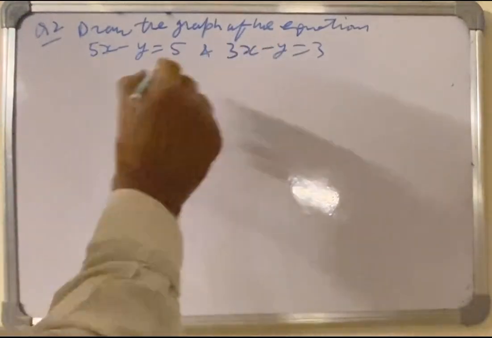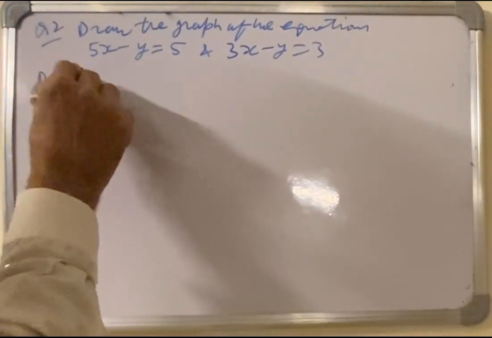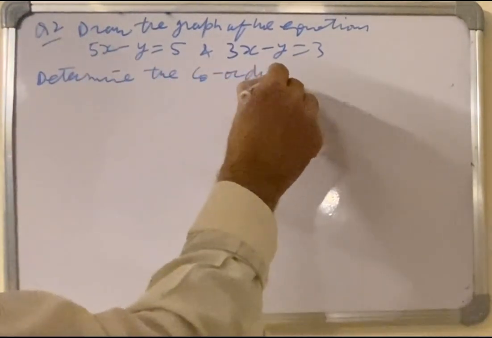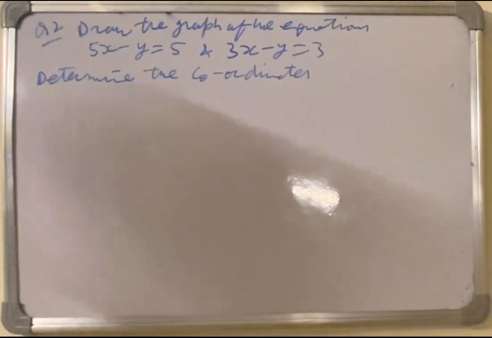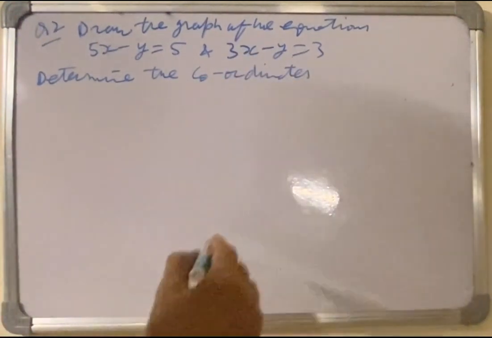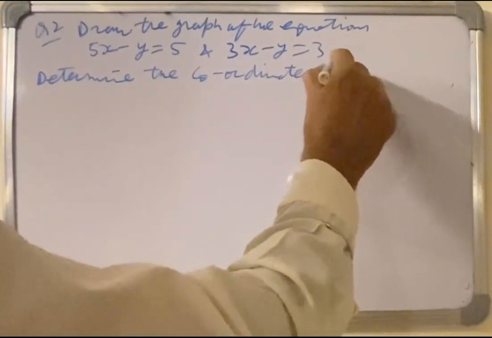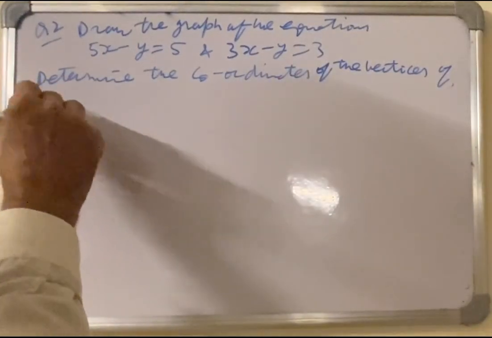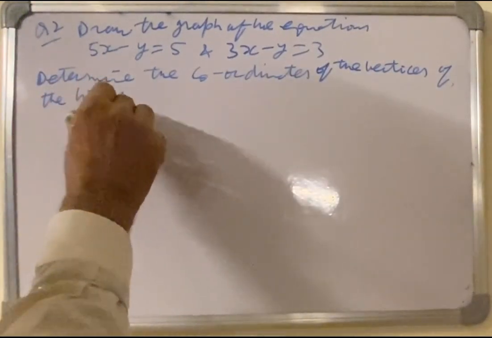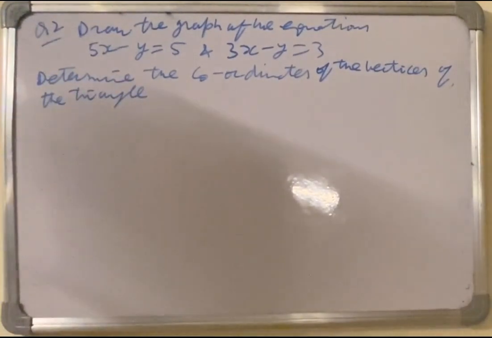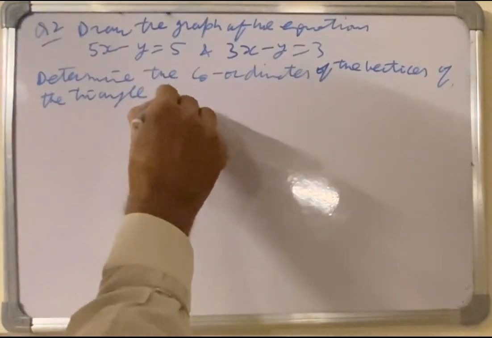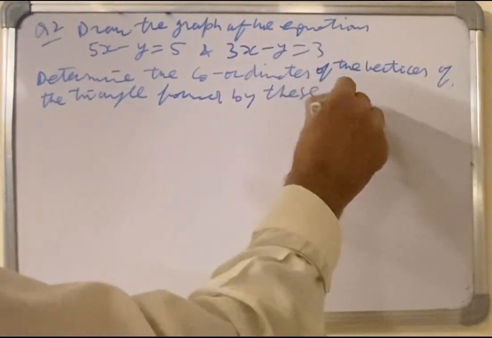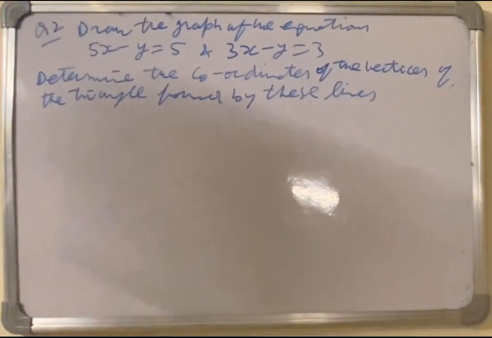Determine the coordinates of the vertices of the triangle formed by these lines and y-axis.